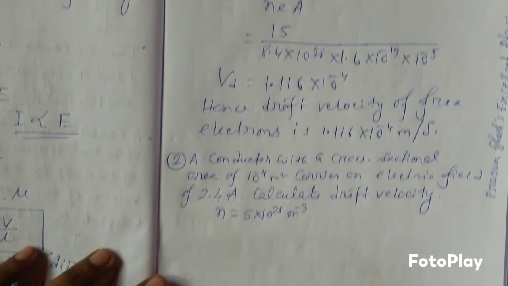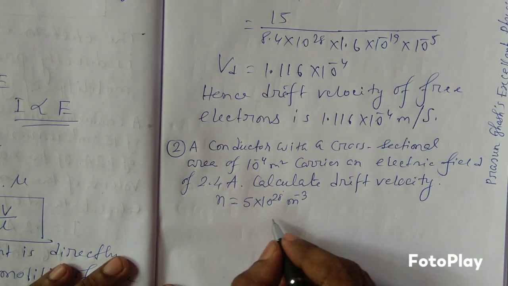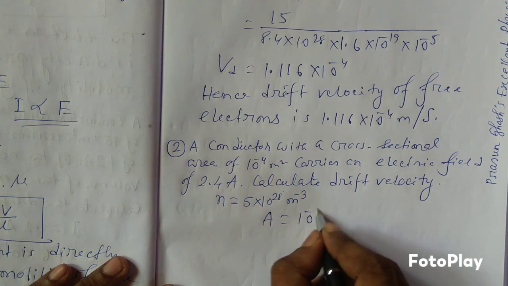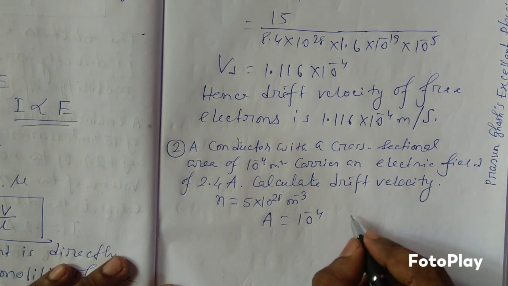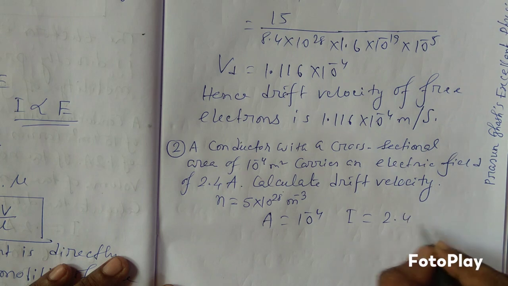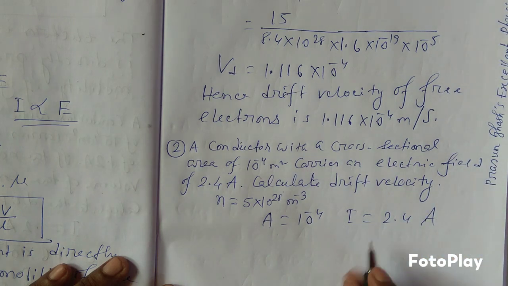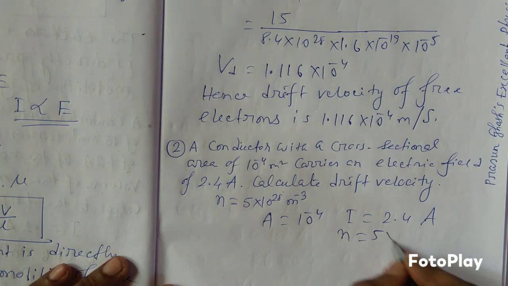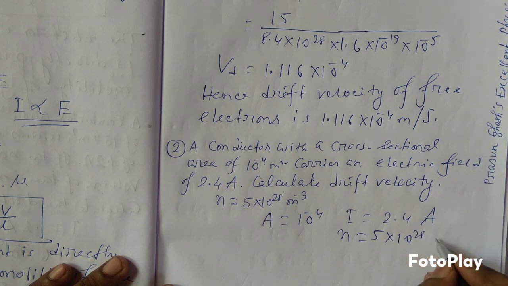So next numerical, A is given 10 to the power minus 4 meter square, I is given 2.4 ampere, and N is given 5 into 10 to the power 28.